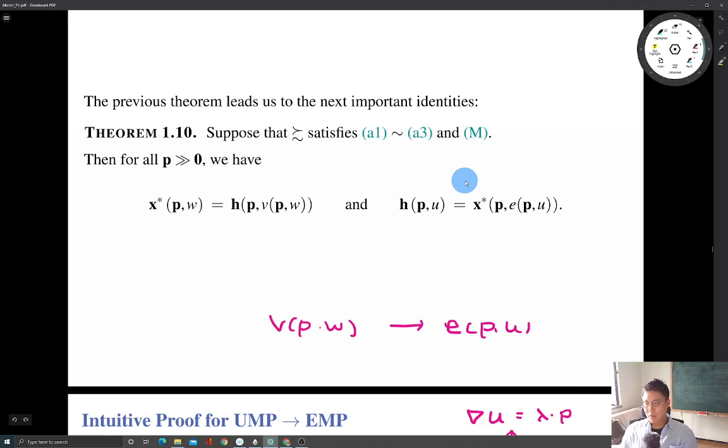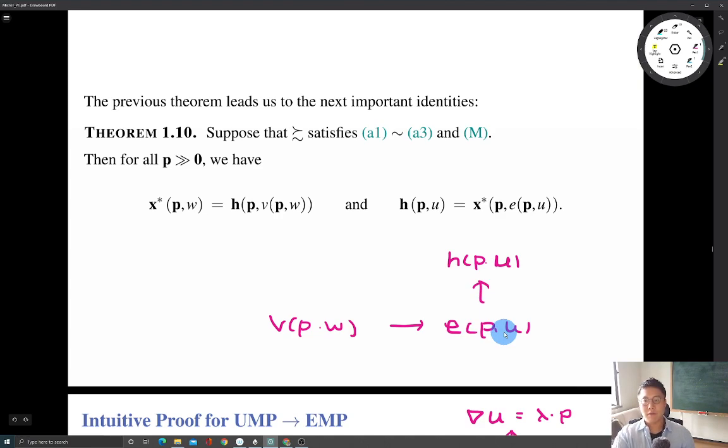And then, from the expenditure function, we can recover Hicksian demand, because by Shephard's lemma, we know that Hicksian demand is simply the derivative of this expenditure function.